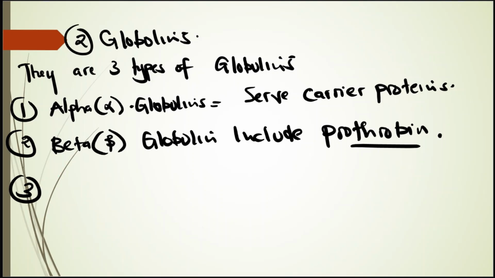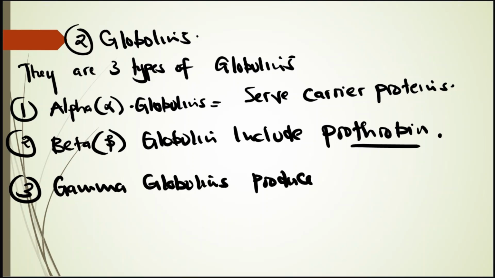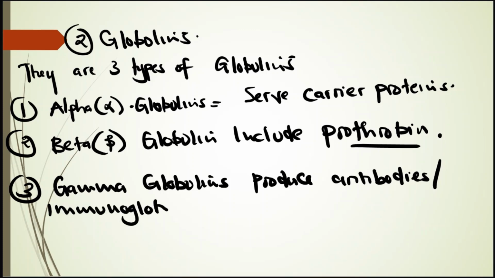The third, and one of the most important globulins, are called gamma globulins. Gamma globulins produce what we call antibodies. Antibodies scientifically are referred to as immunoglobulins.